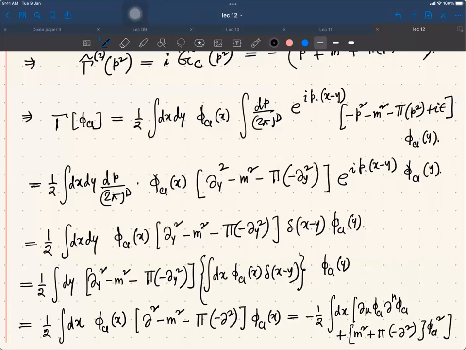This will be the term, and I'm calculating only the quadratic piece, so I should not be writing an equality here. I'm calculating only that. So there will be cubic order terms, φ_cl cubed and so on.